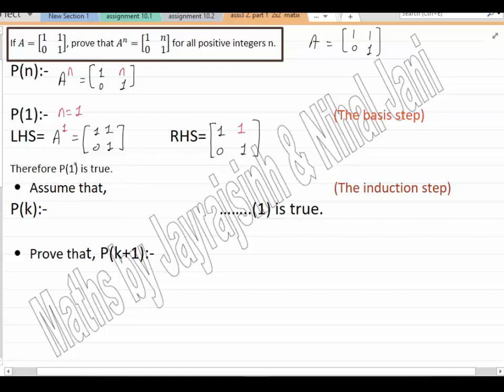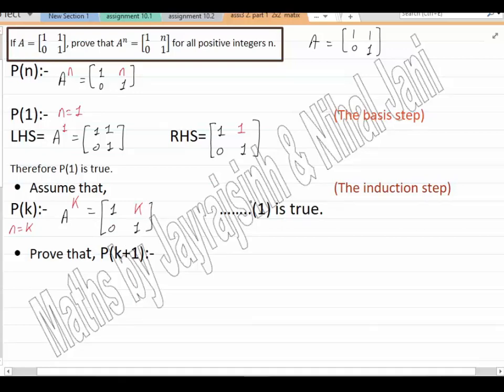Therefore P of 1 is true. Okay, now let's go for the induction step, in which we assume P of k, that means we put n equal to k. So P of n becomes A raised to k is equal to the matrix 1 k 0 1.